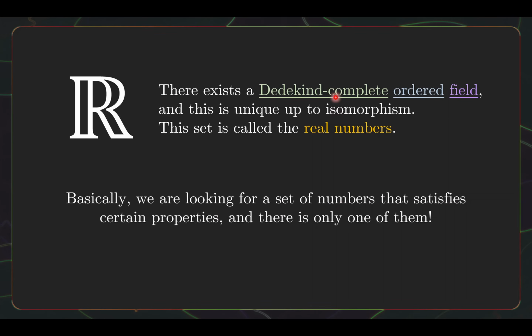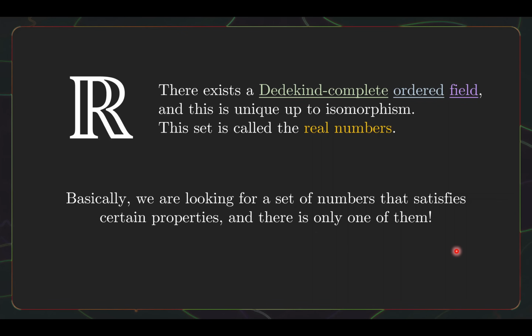And what this statement is saying is that there is indeed a set that obeys these properties, which I'll explain in a minute what these three terms mean. But there is such a set that if we want it to obey these properties, we can find such a set. And in fact, there's only one such set, which is what this unique up to isomorphism means. There's only one such set, and this set is what we call the real numbers.